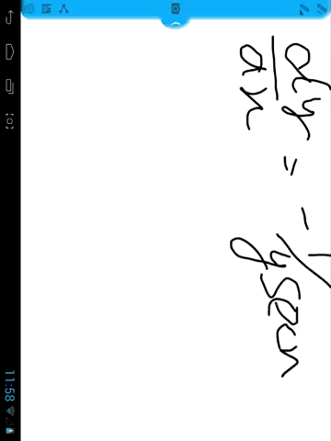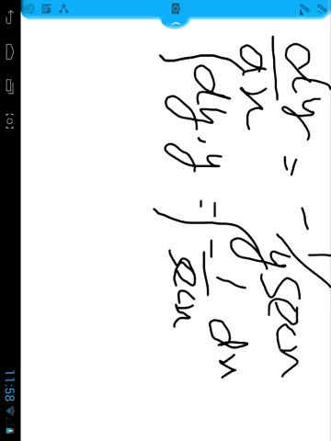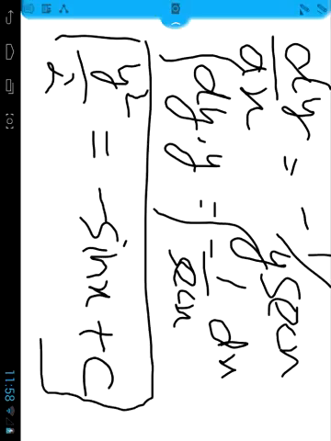Now separating the variables, y dy is equal to minus 1 upon sec x dx. Integrating both sides, we get y square upon 2 is equal to minus sin x plus c. This is our equation, which is the orthogonal trajectory of our question.